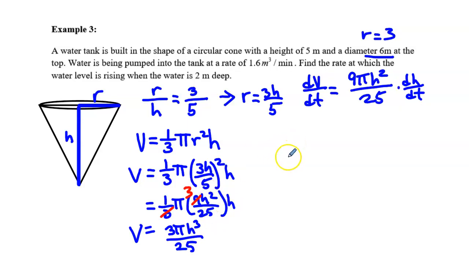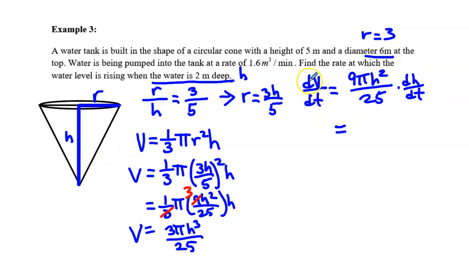Then I just need to sub in values. Now, I'm lucky here because it tells me the point where they would like us to figure out the rate at which the water level is rising is when the water level reaches exactly 2 meters in depth.